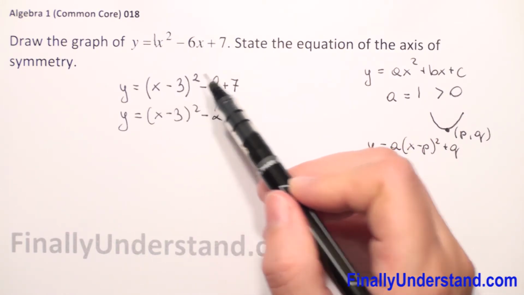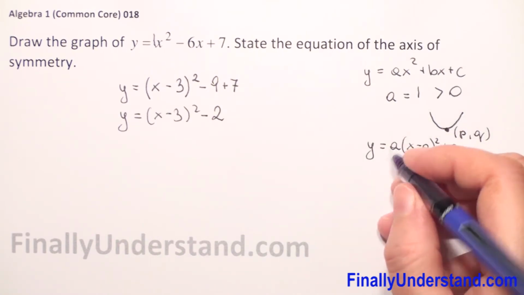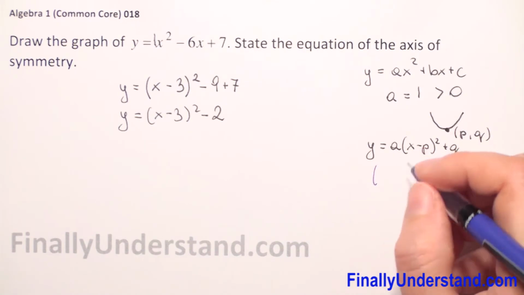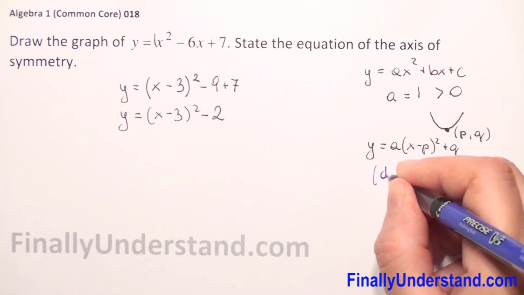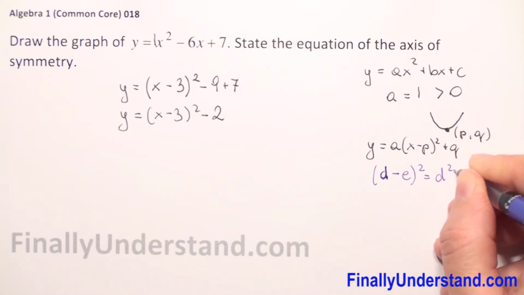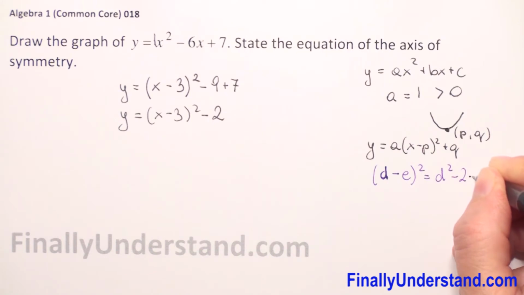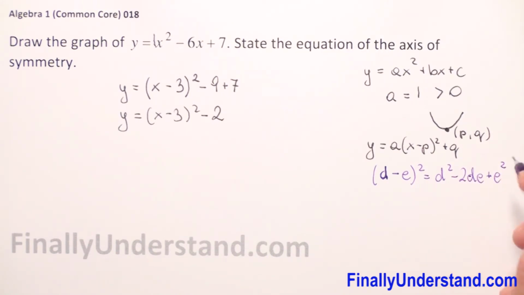Let me remind you how I got this. For x minus 3 to second power, the square of a difference, I use the formula: d minus e to second power is d squared minus 2de plus e to second power. This is the formula for the square of a difference.